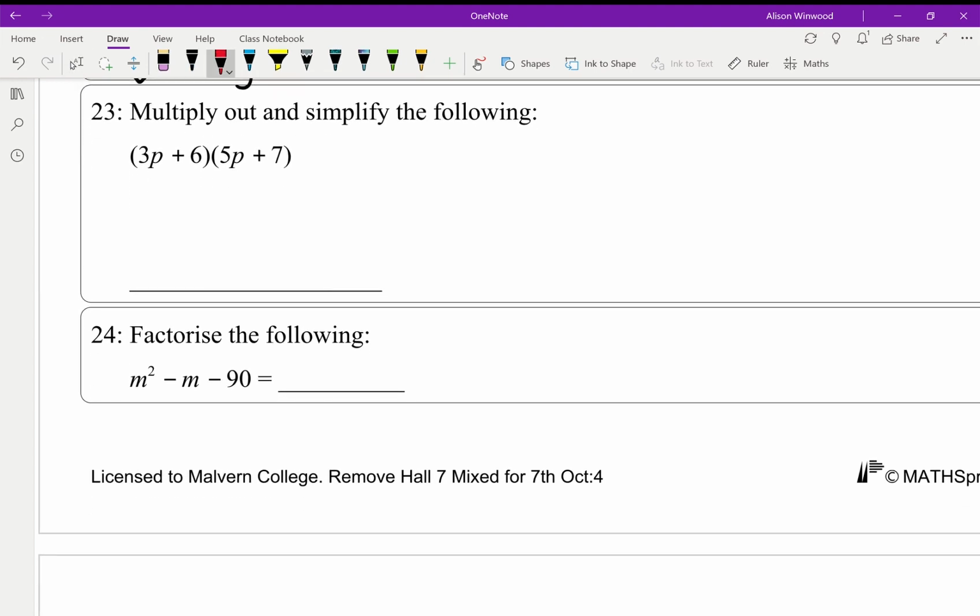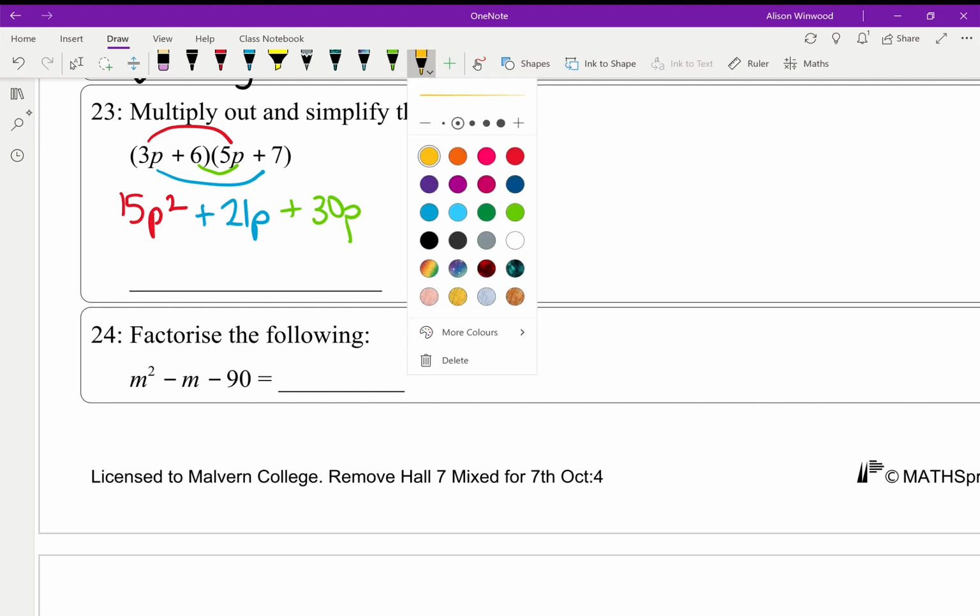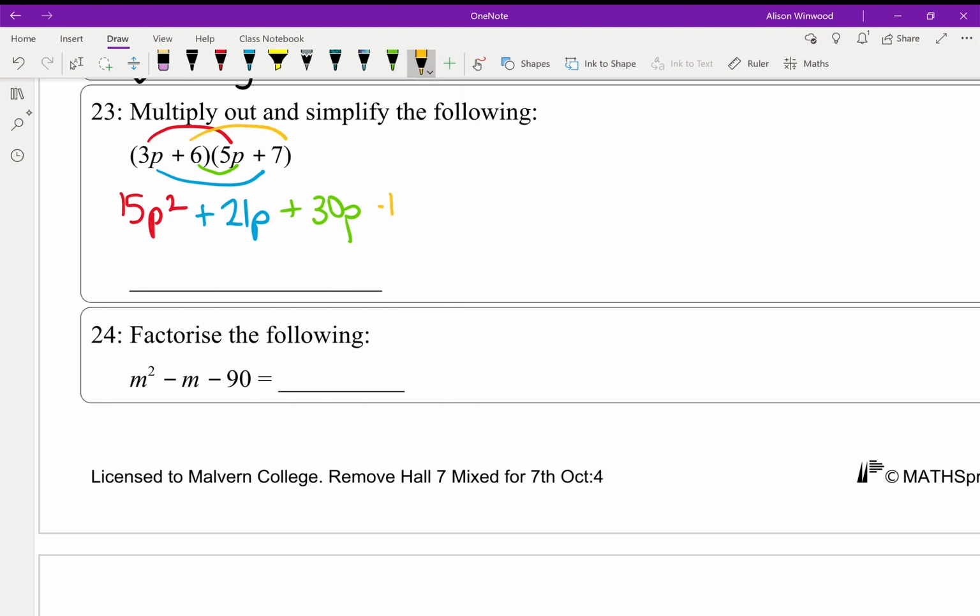Same with more coefficients, so firsts, outers, inners, lasts, and put the middle two terms together.